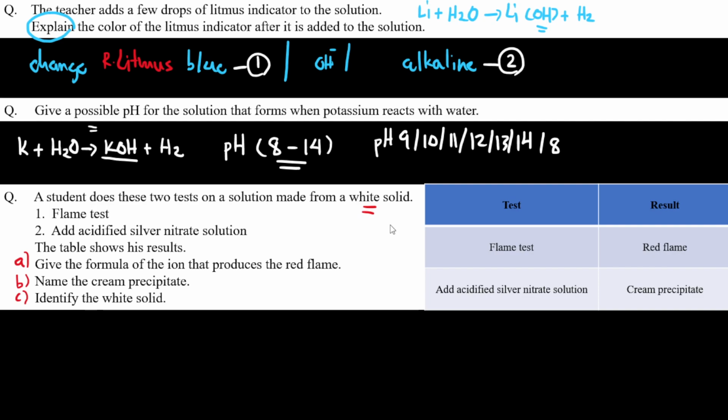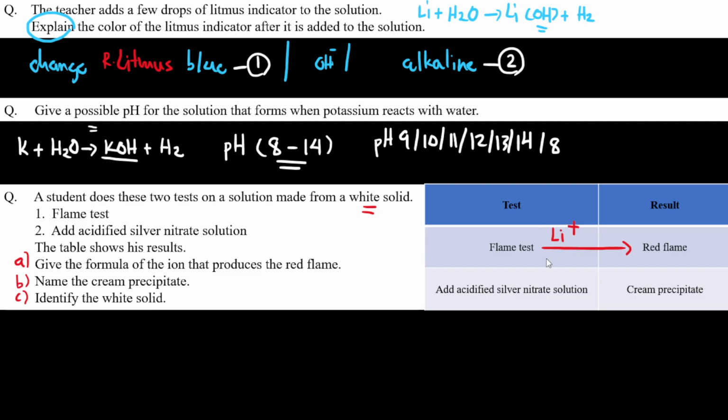Alright, so let's try to deduce what could be what. So when you do a flame test and it produces a red flame, the only possible cation or positive ion is Li plus, correct?